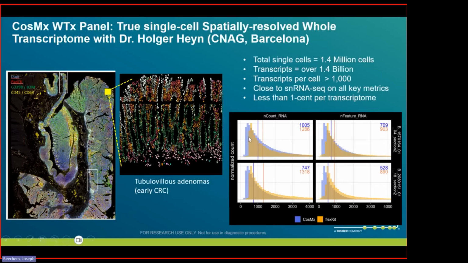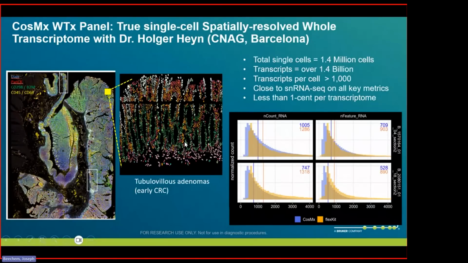And the beauty is, look at the distribution on the right-hand side, the distributions of the transcripts per single cell and the features, which are the diversity of transcripts per single cell. And you can see how the shape distributions line up between the CosMx whole transcriptome spatial image and the statistics for an enzyme-amplified single cell RNA-seq experiment. So very happy with that.